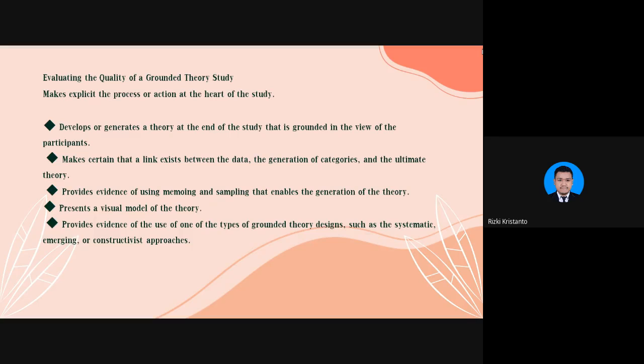Provides evidence of using memoing and sampling that enables the generation of the theory, and presents a visual model of the theory. And the last one is provides evidence of the use of one of the types of grounded theory designs, such as the systematic, emerging, or constructivist approaches. Next.